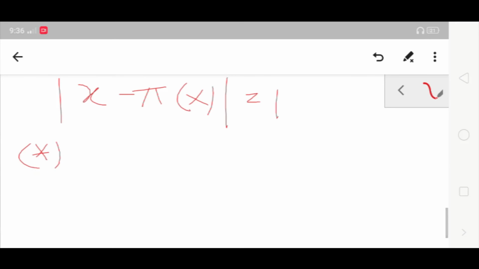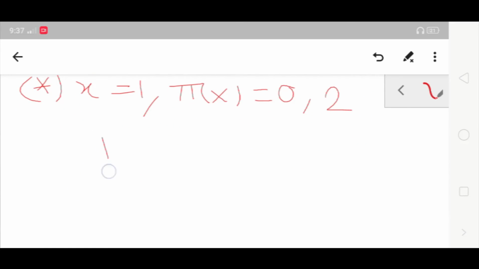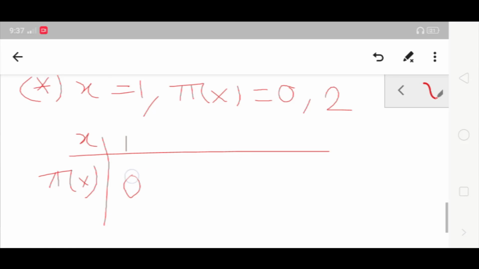We are now going for case star, when x equals 1. Now if x equals 1, then pi x for some x can be either 0 or 1 or 2. Okay, so let me make a table here, x and here is pi x. If we put x equals 1, then pi x equals 0. Similarly, x equals 1, and this is equal to 0. And remember that pi x is a permutation of x.